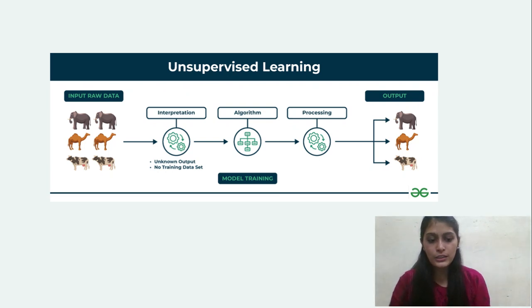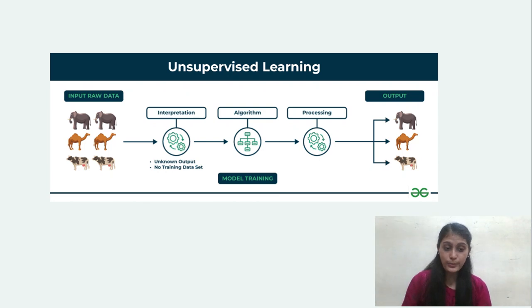Mainly there are two categories in unsupervised learning: clustering and association. There are many algorithms under clustering like the K-means algorithm and the mean shift algorithm.